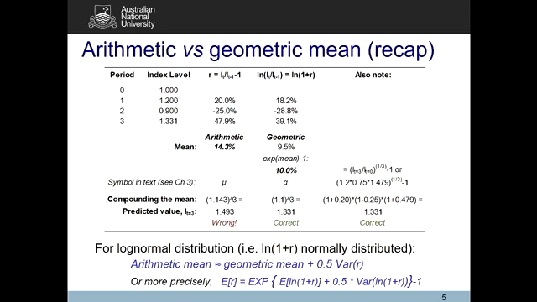And in particular, if you care about wealth accumulation over time, if you use the arithmetic mean, you will overstate your return. So remember how I said that you might have an investor that asks you to achieve a return of 8% per annum, and as long as you have at least 8% per annum, they want you to minimise risk.